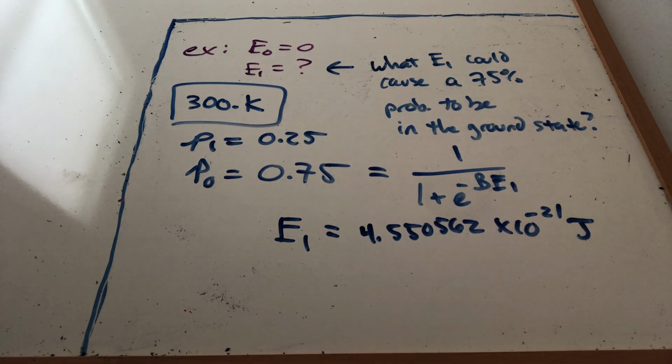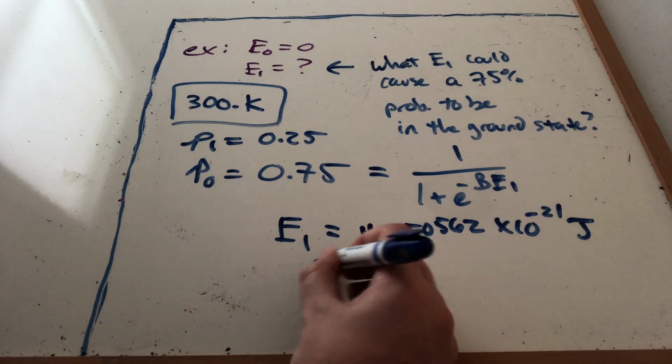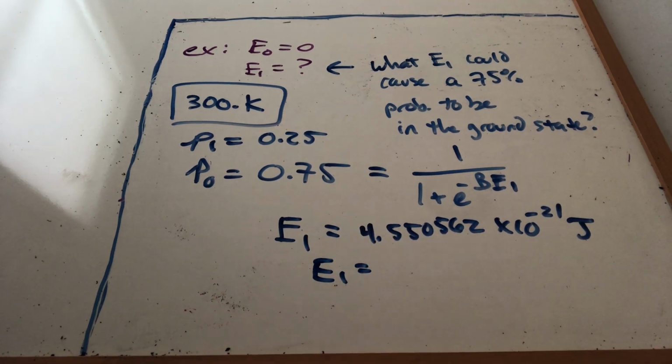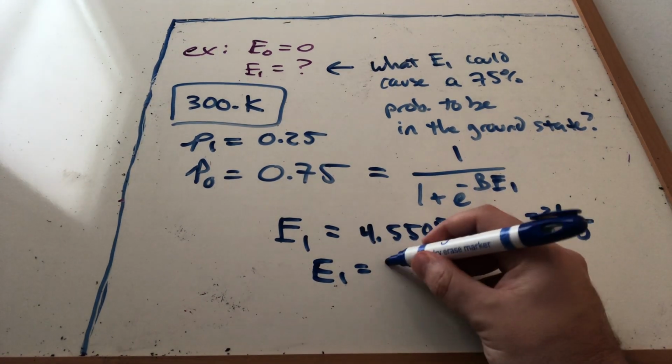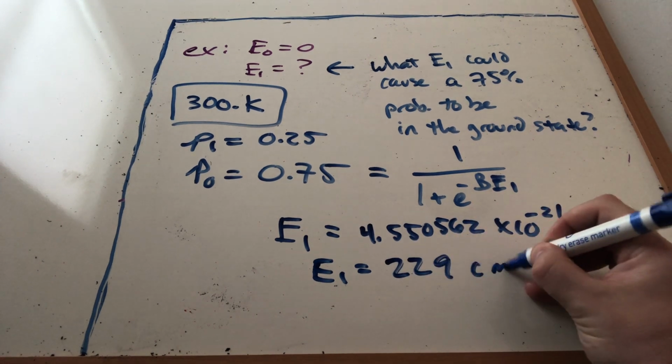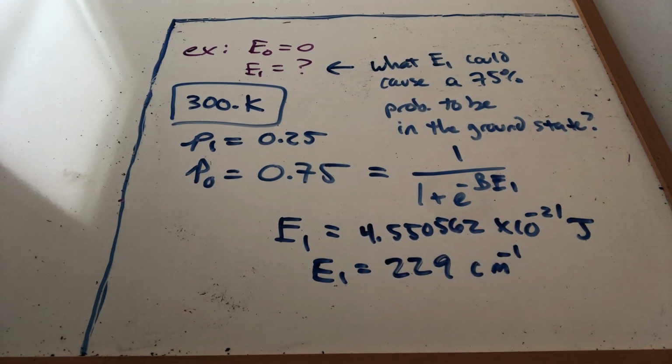This is the gap. Now, just to compare this to something you're kind of used to seeing, E1 in terms of wave numbers is 229 centimeters to the minus 1. This ends up in the microwave range, right? We're still not quite into that IR range. So if you look on an IR diagram, most of the stuff happens in the thousands of wave numbers.